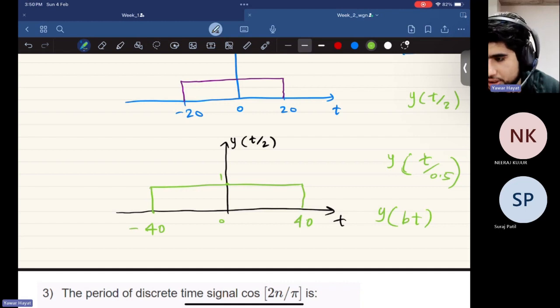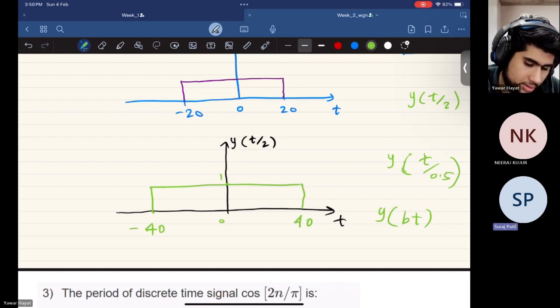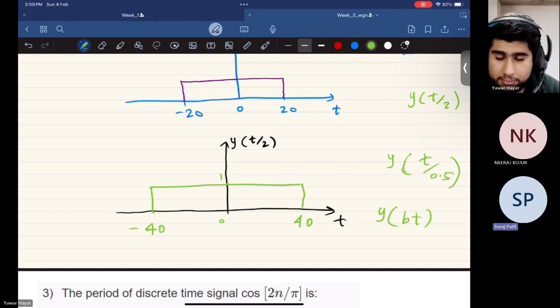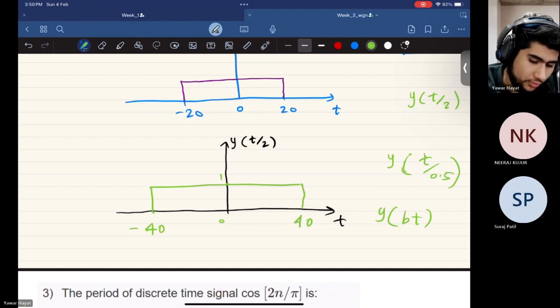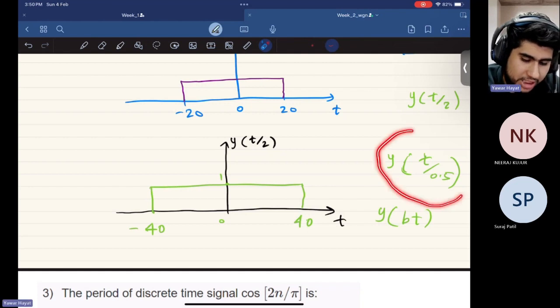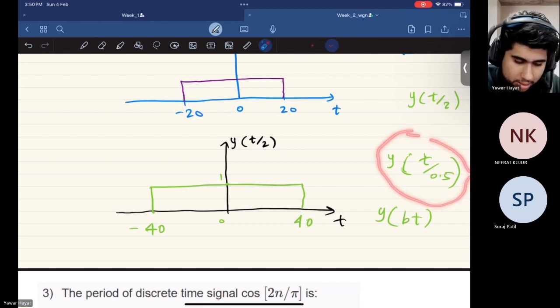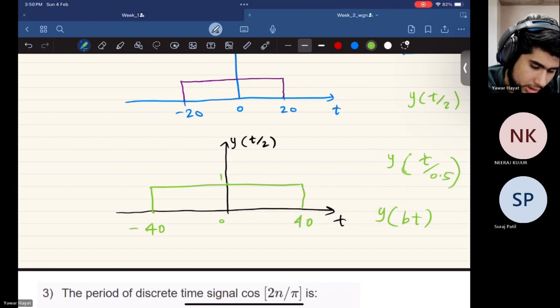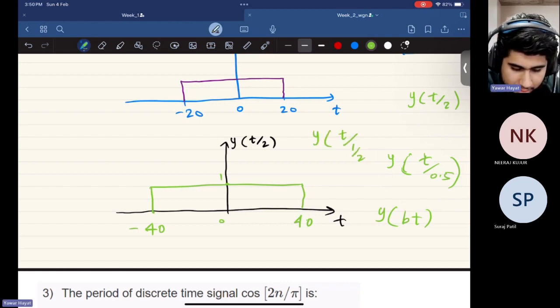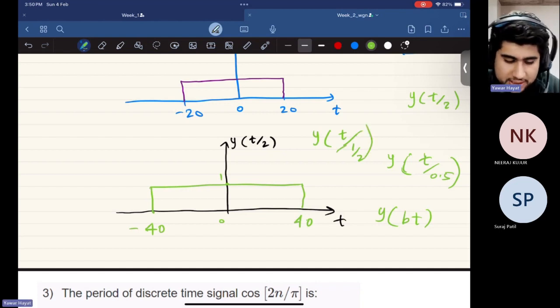If you cannot unmute yourself, you can write in the chat. Okay, y of t by 0.5 is y of t divided by half. Is this part fine?